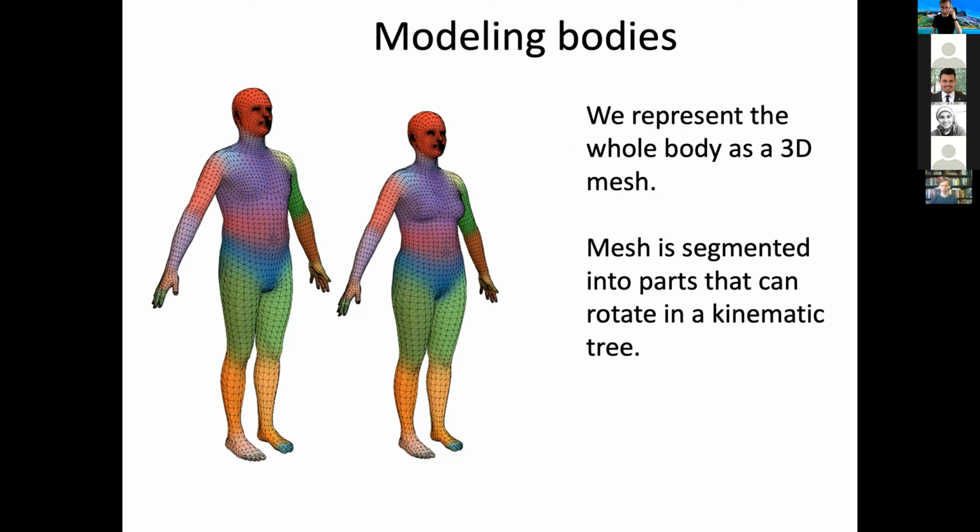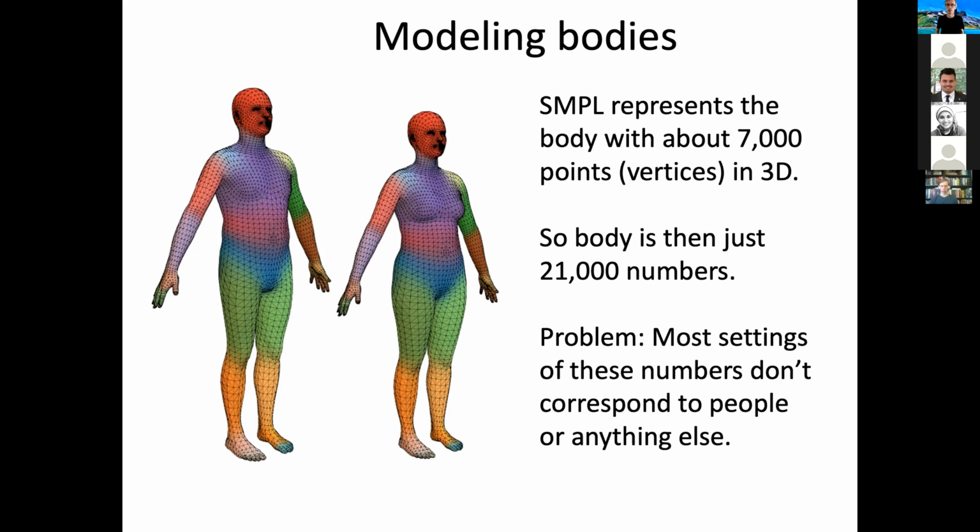The mesh is segmented into parts, and there's a kinematic tree, and the parts can rotate relative to each other in a kinematic tree, just as I suggested for the old-fashioned models. So the simple mesh is about 7,000 vertices. These are points in 3D space, represented each by 3 numbers, of course. And that means a body is 21,000 numbers. Okay, that's a body.